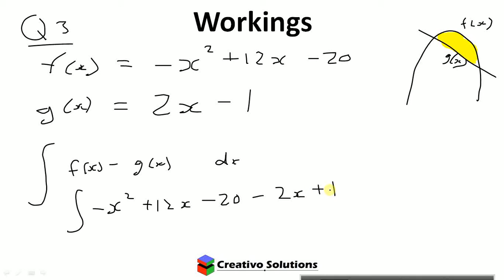A negative of a positive is a negative, negative of a negative is a positive. dx. So that gives me minus x squared, plus 12x minus 2x is plus 10x. Minus 20 plus 1 is minus 19. There we go. And now I can integrate that quite easily.